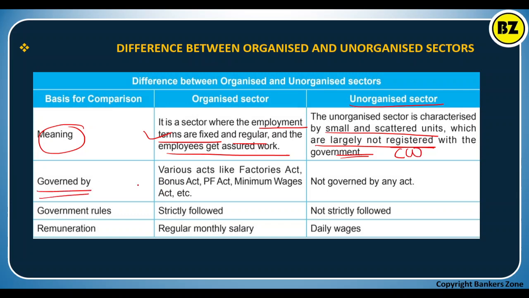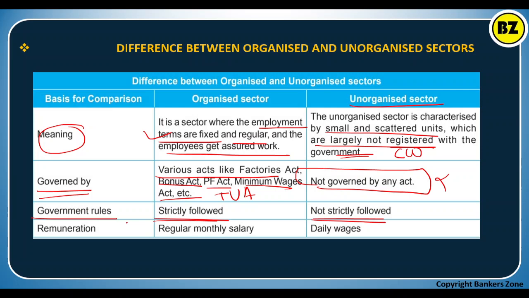The organized sector is governed by various acts like the Factory Act, Bonus Act, PF Act, Minimum Wages Act, Trade Union Act, right? Apart from that, the unorganized sector is not governed by any act. Organized sector strictly follows government rules, while the unorganized do not follow any government rules. Remuneration: they get regular remuneration as per legal binding, whereas the unorganized get daily wages.